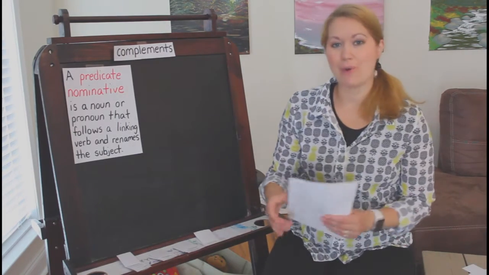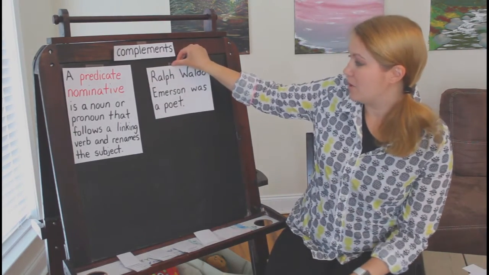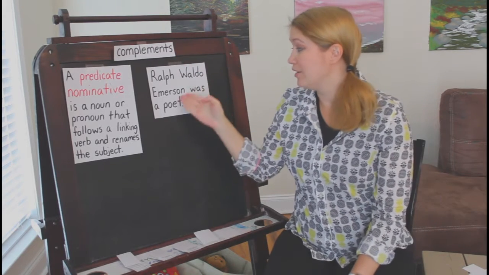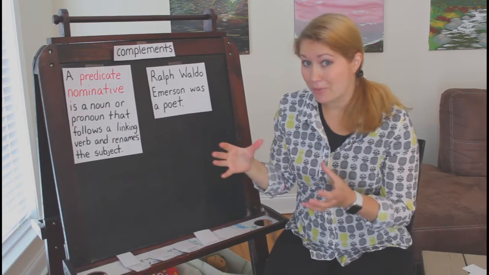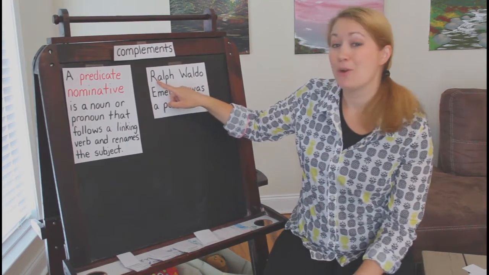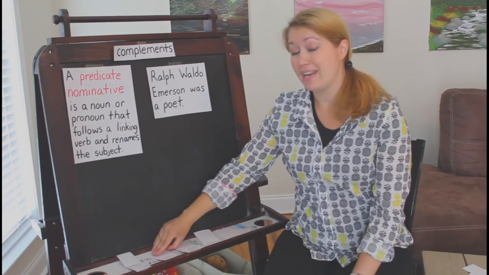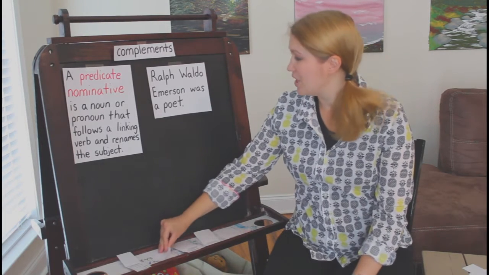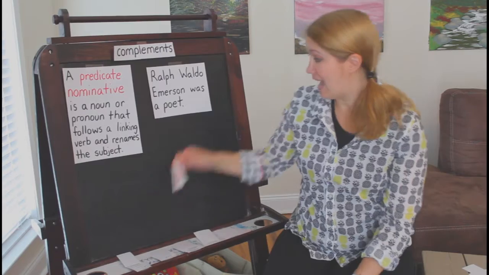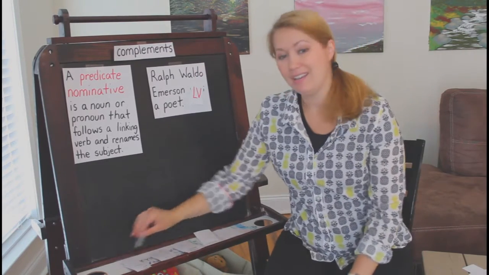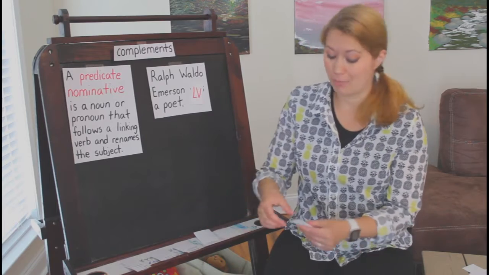What about Ralph Waldo Emerson was a poet? Ralph Waldo Emerson, that's a long name, but all three of those are the same person. Ralph Waldo Emerson was a poet. Well, we've already talked about was a few times. So was is our linking verb. Ralph Waldo Emerson is our subject, our person.